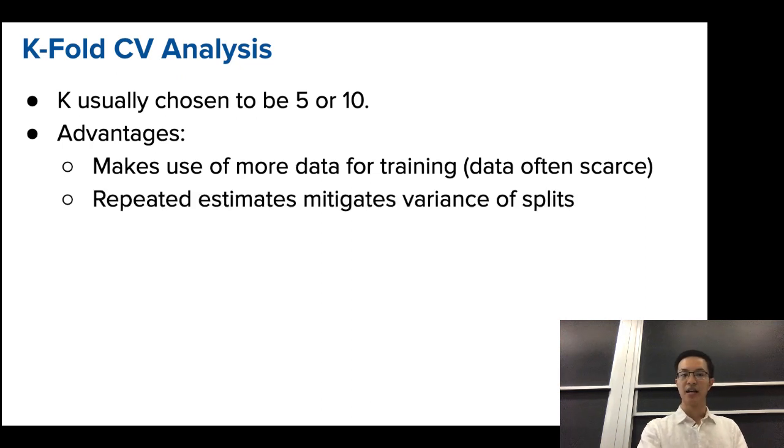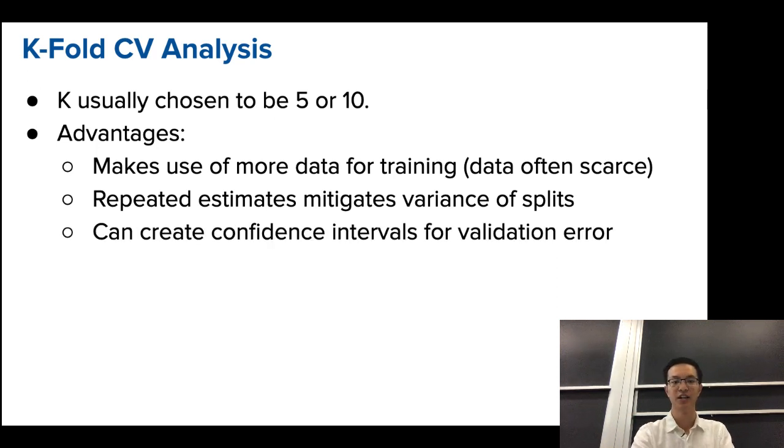The main reason why we like k-fold CV is that if you have repeated estimates of the validation error, you have a better sense of whether you got unlucky or whether you're really capturing the average validation error. In particular, because you have multiple estimates for every model, you can create confidence intervals for that validation error.